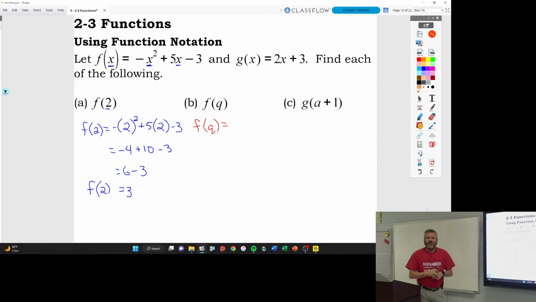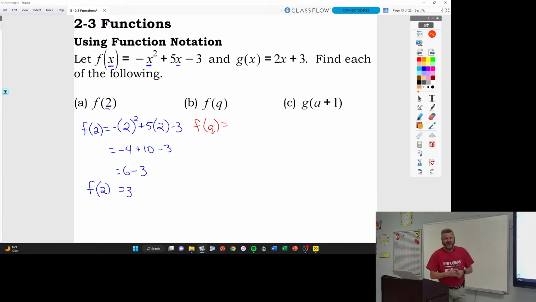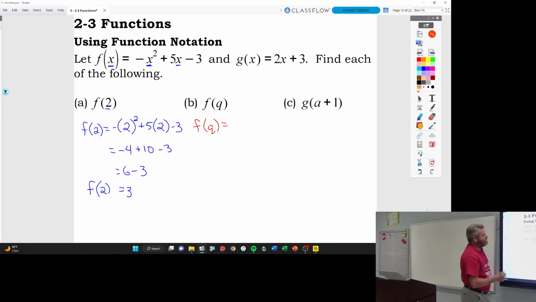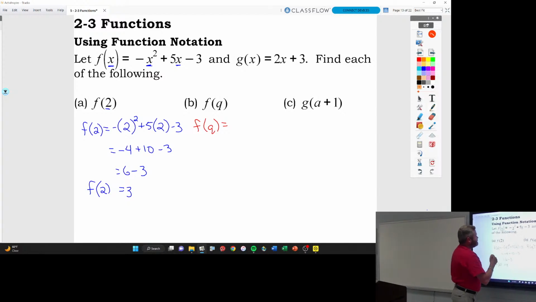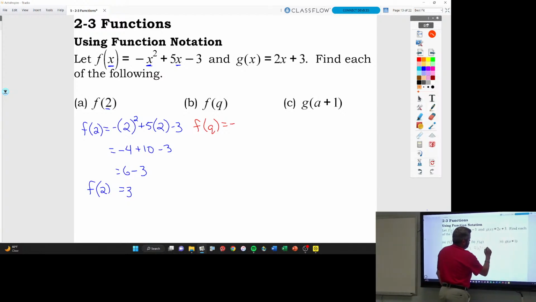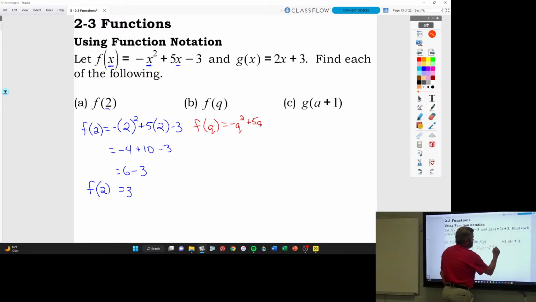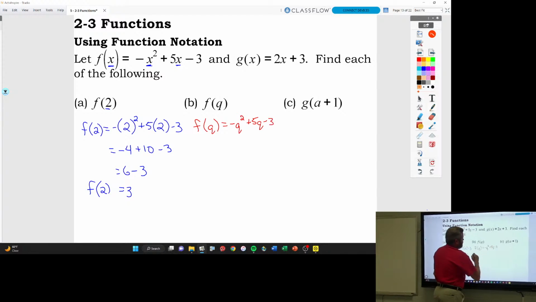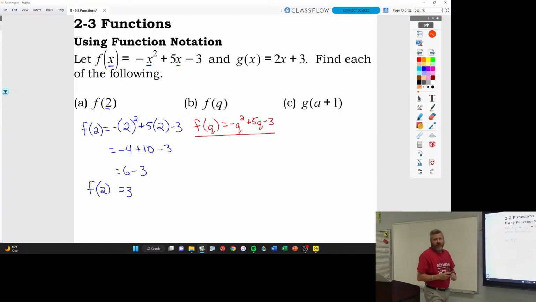And since I can't do any math with that, I'm just going to change the letters. In this case, I won't necessarily use the parentheses. So there's negative, there's my x, I changed it to a q, squared plus 5, there's another x, change it to a q, minus 3, and I'm done with part B because I cannot combine any like terms there.